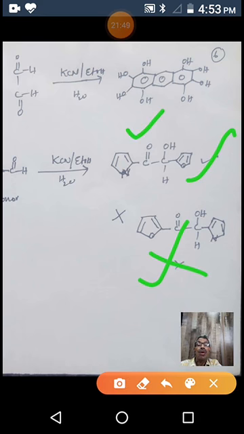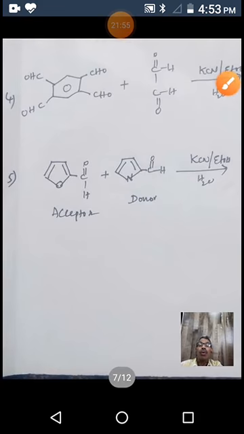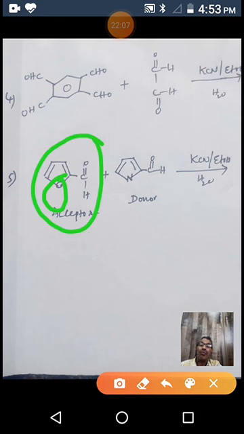Why? Because I have already explained just now, whenever a compound has a highly electronegative atom like oxygen, it isn't willing to provide electrons. That's why this compound doesn't act as a carbanion or nucleophile. It acts as an electrophile because of O minus, the highly electronegative atom.